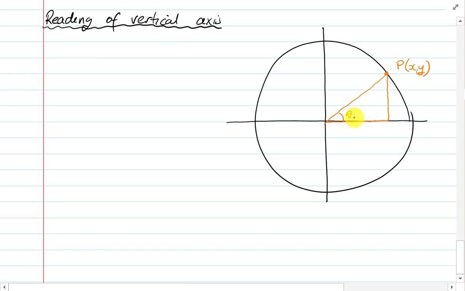It's from the positive x-axis. And P(x, y) means that this is y, and this is x. And hopefully you remember that y is equal to sine of theta, and x is equal to cos of theta, and it's a unit circle, so that length is 1. This is considered reading on the horizontal axis. That triangle is on the horizontal axis.